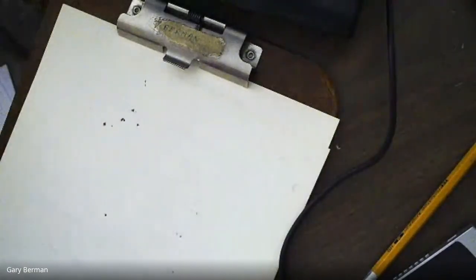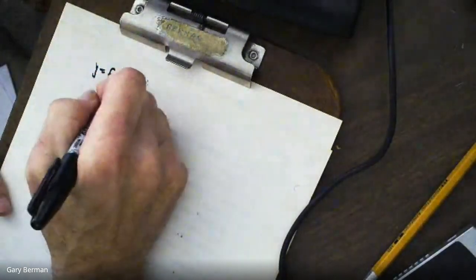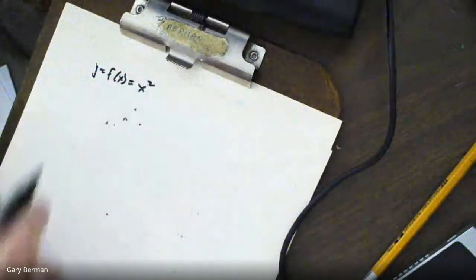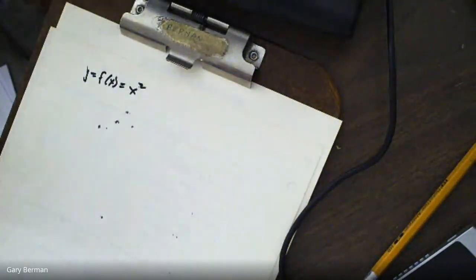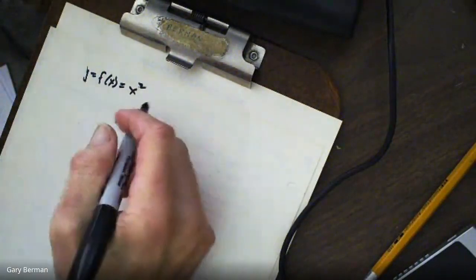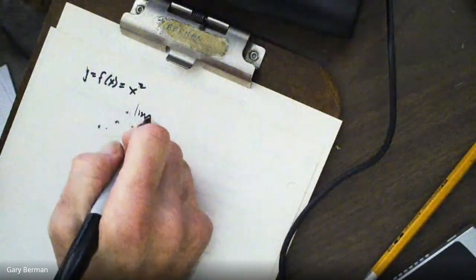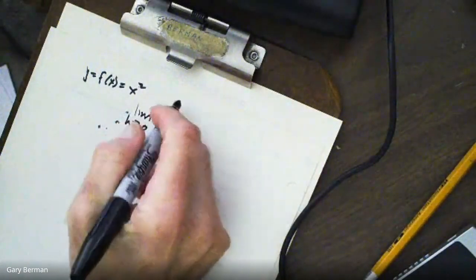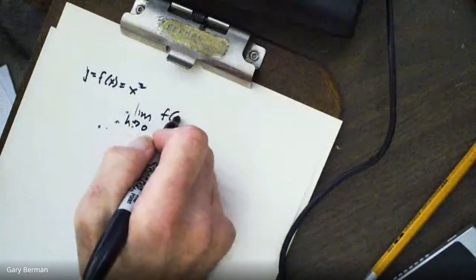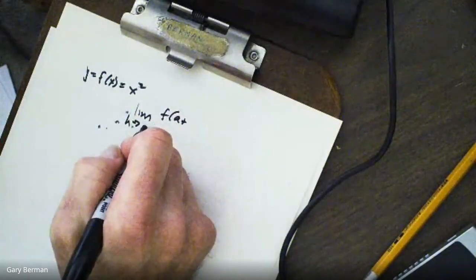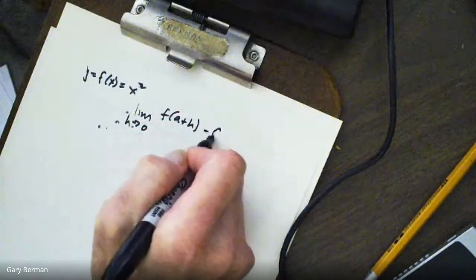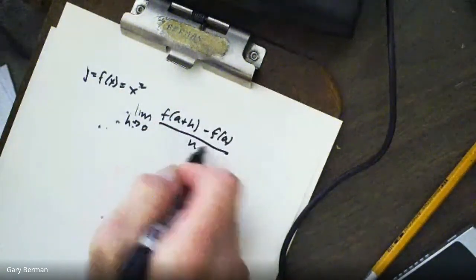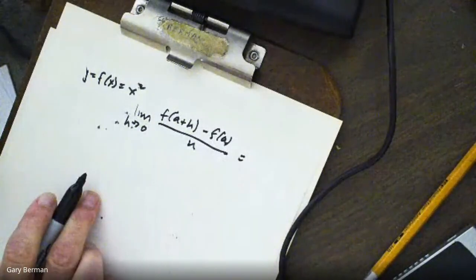All right. So let's actually use this result and go back to the case of y equal x squared. So if y is f of x is equal to x squared, let's actually use this last result. If I want to get the slope of the tangent line to this curve at the point x equal a, we just determined that we need to take the limit as h approaches 0 of f of a plus h minus f of a over h, and let's apply it to the case of x squared.